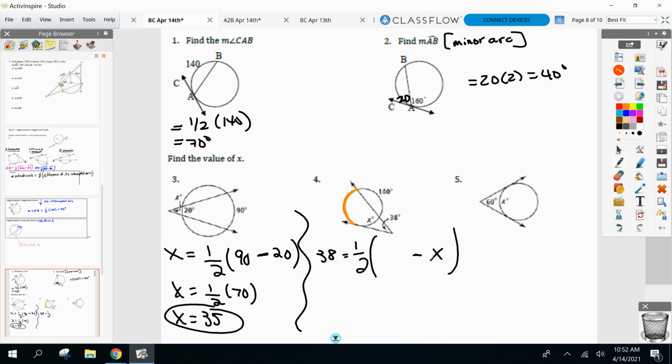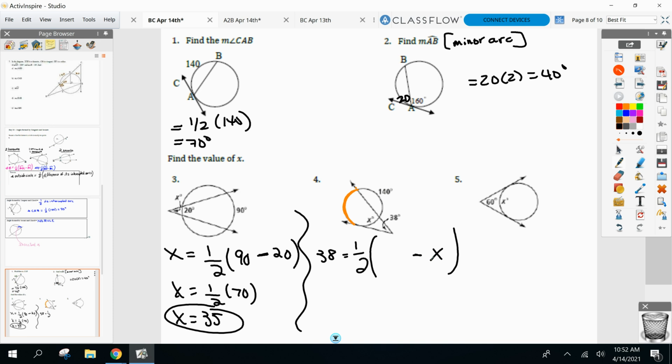Oh boy, guys. How do I find the orange arc? I already got 140 down, right? 140, done. How many degrees are left in the entire circle if I already put 140 there? 220, right? 360 minus 140 gives 220 degrees left for the rest of the circle. I took up X right here.